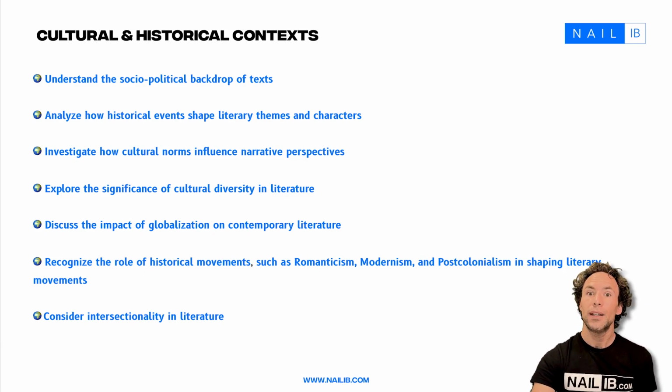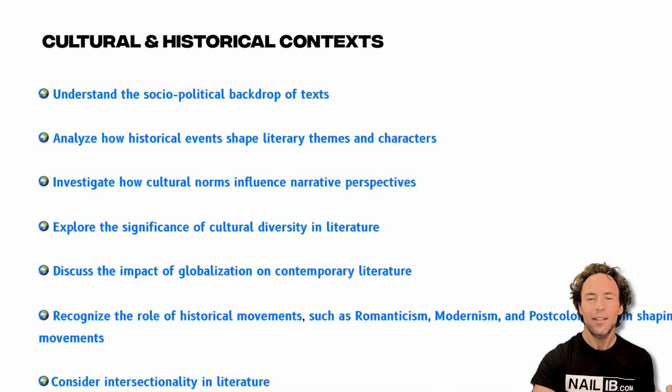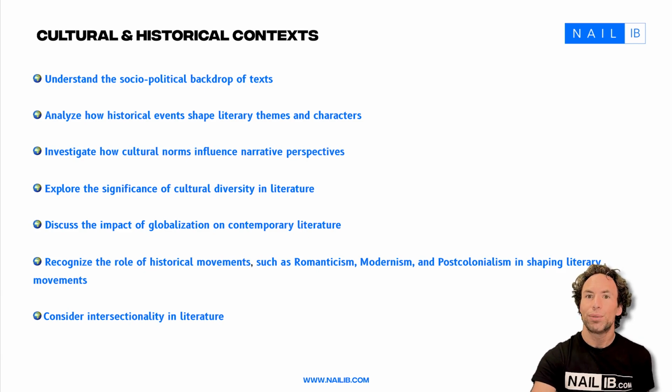The third objective is to investigate how cultural norms influence narrative perspectives. Again, these areas become very, very societal, addressing all parts of culture, society, and history, to address how they have influenced us or the author. Cultural norms in this case play a significant role in shaping a narrative perspective, in that different cultures obviously have very distinct worldviews and values, which truly influence the way stories are told and interpreted.